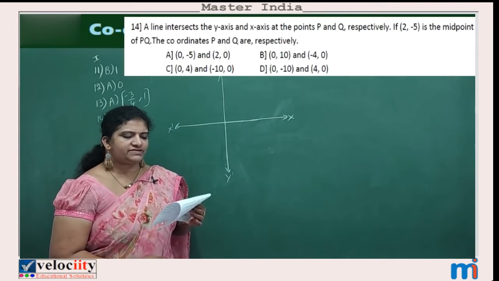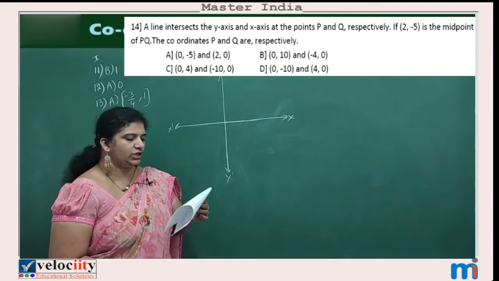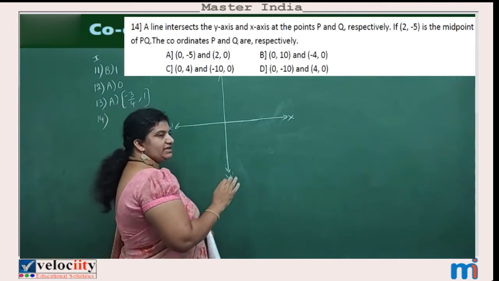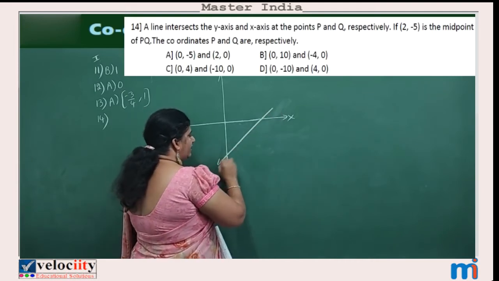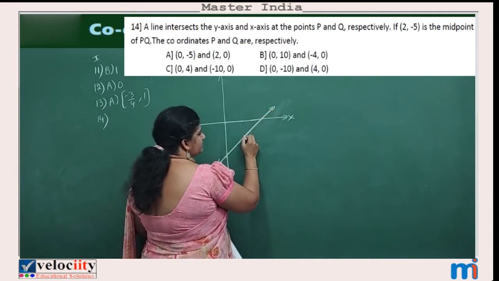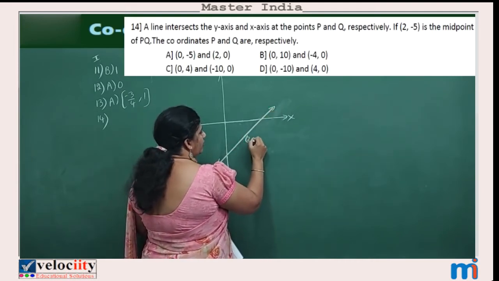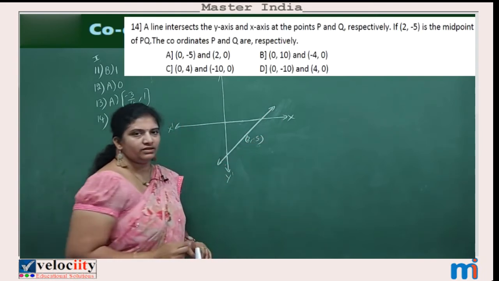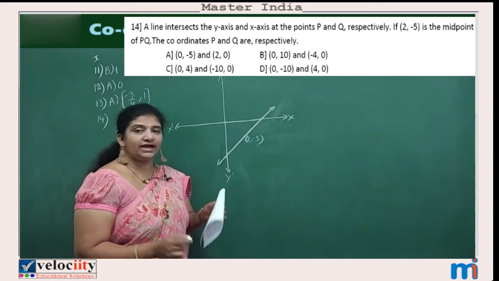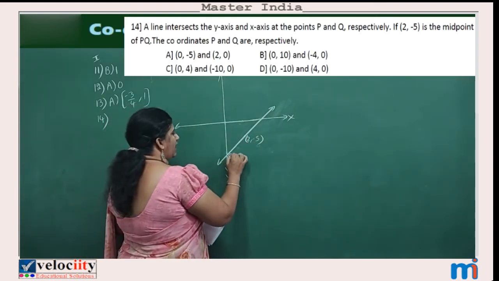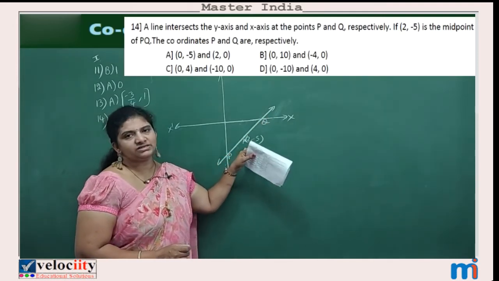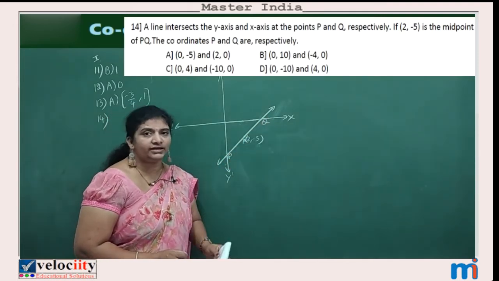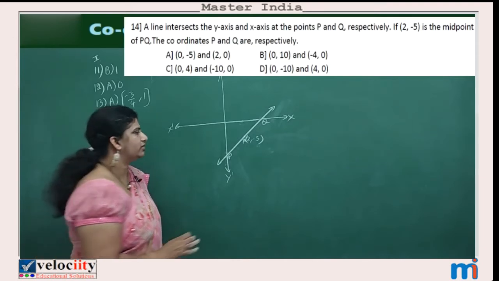If 2 comma minus 5 is the midpoint of PQ. 2 comma minus 5 lies in 4th quadrant. Suppose if I draw a line here and this is the midpoint, 2 comma minus 5. A line intersects the y-axis at P and x-axis at Q. Let me take A as a midpoint. Find the coordinates of P and Q is your question.